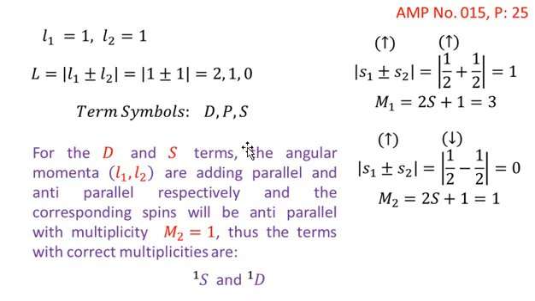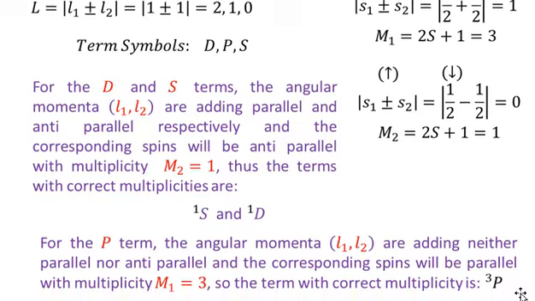So you see that up to this point I have only the term symbols D, P, and S. Now using these arguments given in this paragraph, I have used the multiplicities along with that one, and now the terms with the multiplicities are 1S and 1D, where 1 stands for the multiplicity which is obtained from M2 is equal to 1 when the two electrons have anti-parallel spins.